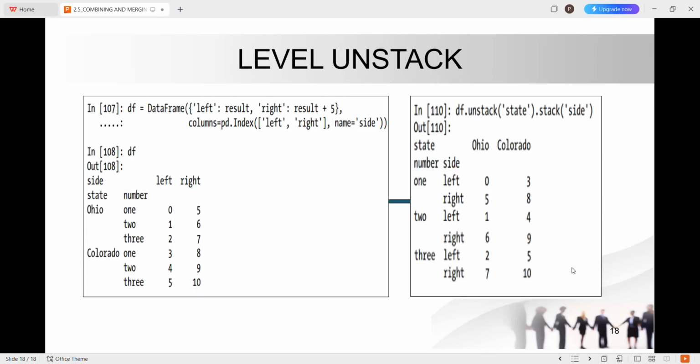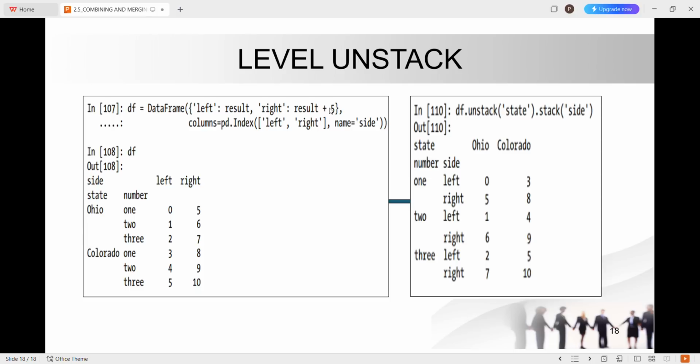Now we will move on to the final topic, that is level unstack. Here they have given a data frame, df is equal to DataFrame. They mentioned the key as left, and right is equal to result plus 5. Left they have renamed as result, and right is equal to result plus 5, so for the right you have to add the values.